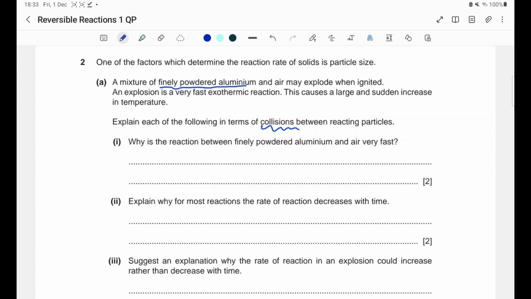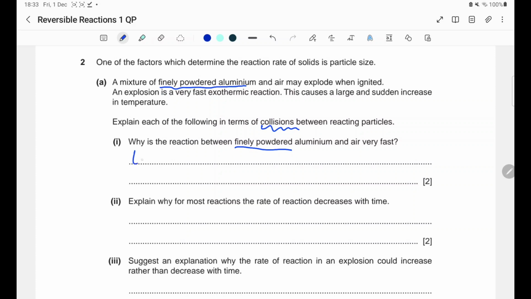Well, basically they want you to explain the collision theory behind the factor that increases the rate of reaction, and here the factor that increases the rate of reaction is surface area. So why is the reaction between finely powdered aluminum and air very fast?